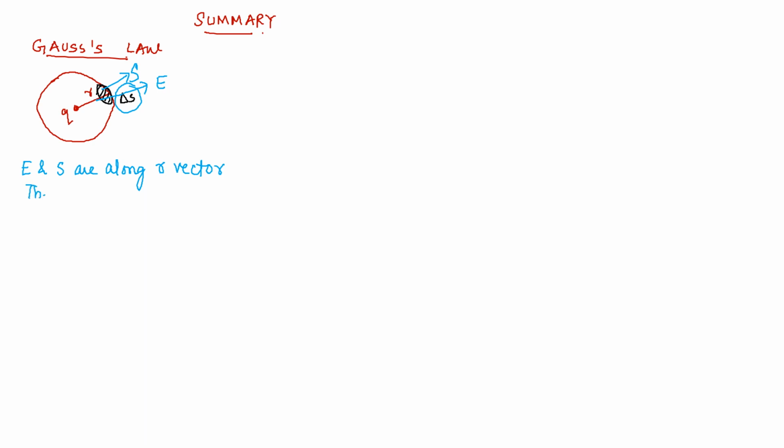They make an angle of 0 degree. cos 0 equals 1, cos 90 equals 0, and cos 180 equals -1. So these are the values we need for our discussion.